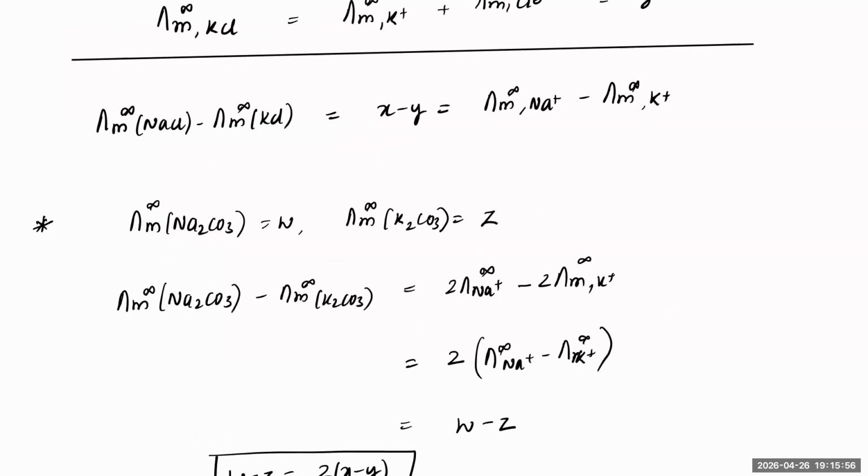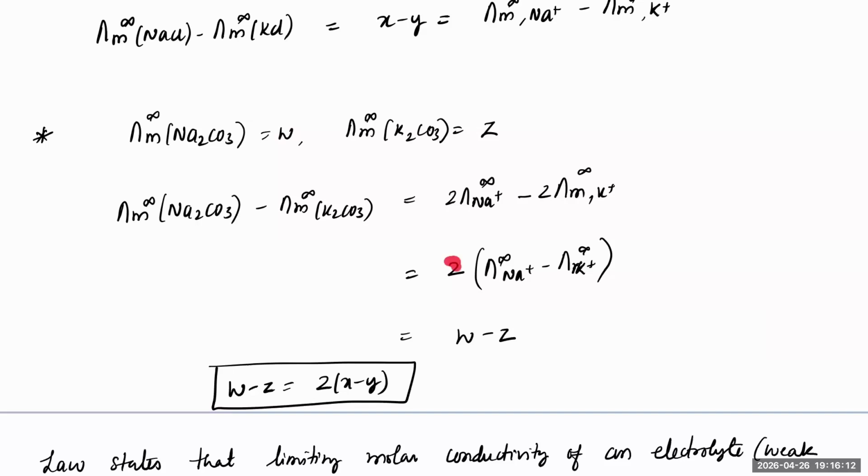Similarly, if you see lambda m of Na2CO3, if that is W, and K2CO3 is Z, then subtraction of these two will be 2 times lambda m infinity of Na plus minus 2 times lambda m of K plus. And that will be 2 times of lambda m of Na plus minus lambda m of K plus.